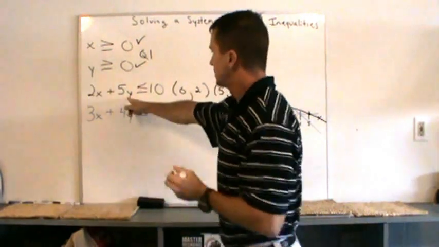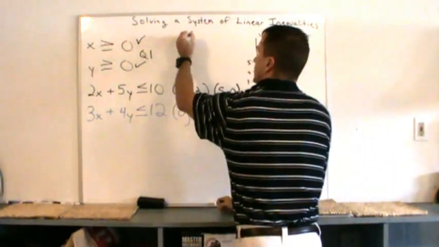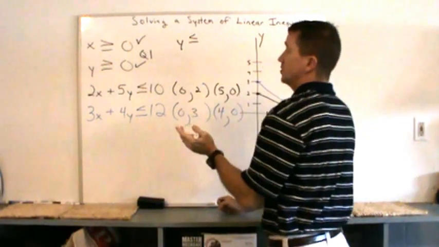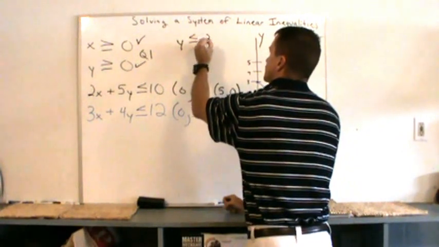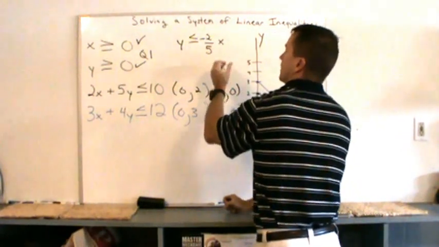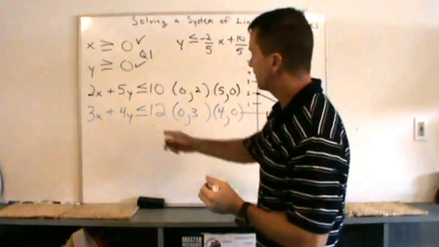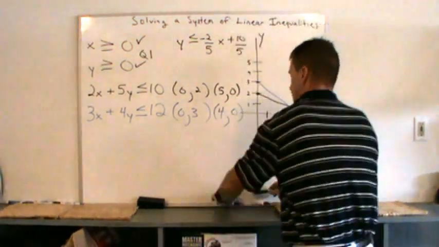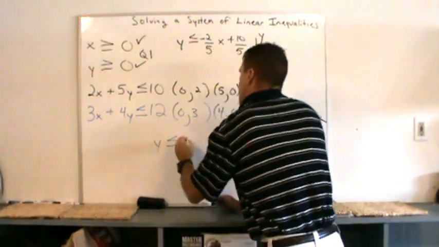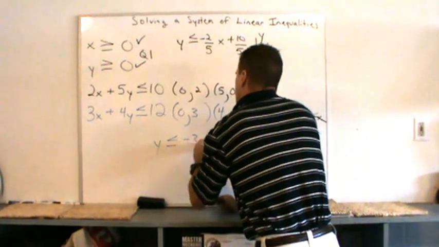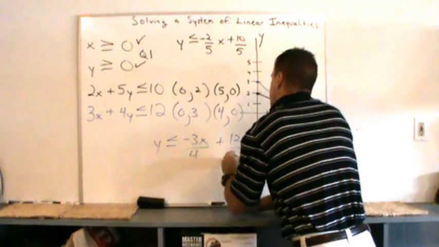Now, if I solve for y in this equation, going back to the inequality, y would be less than or equal to negative 2/5 x plus 10 over 5. And if I solve for y in this inequality, y would be less than or equal to negative 3/4 x plus 12 over 4.